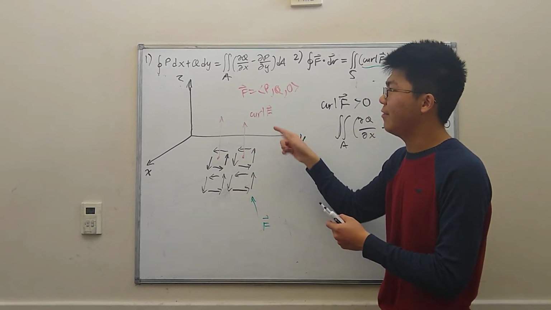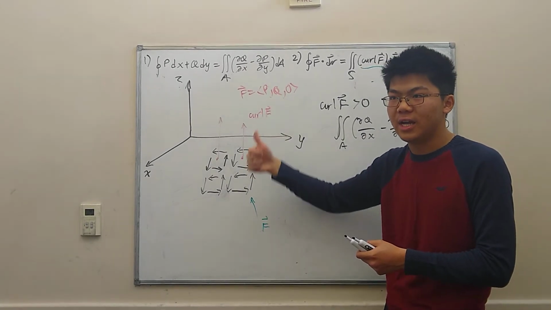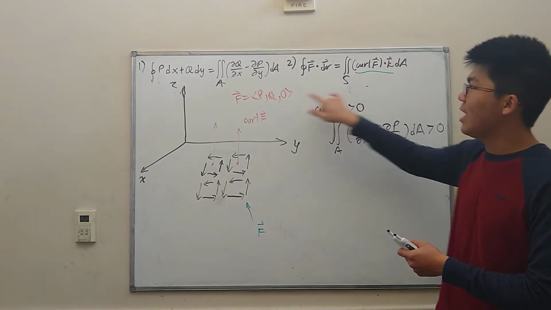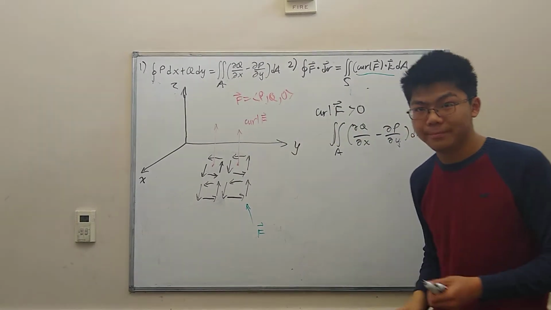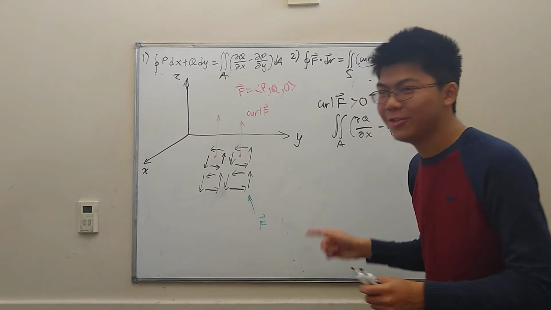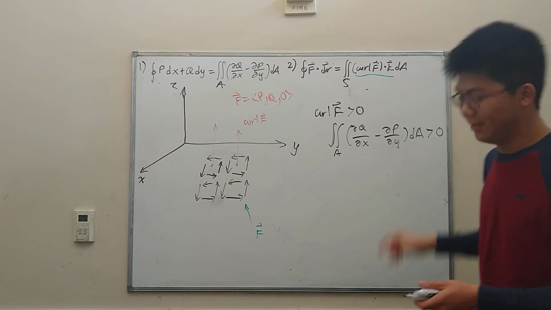Your curl of f, as we've seen earlier, points into the z direction here. And by dotting it with k, you get the scalar value. Now, here's the fun part. Let's take the line integral and verify that it's also a positive value.